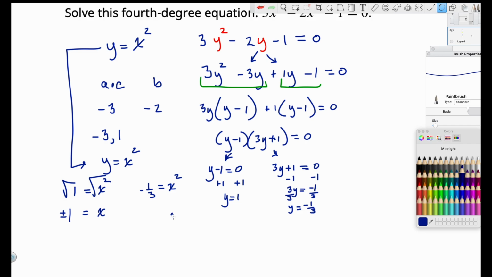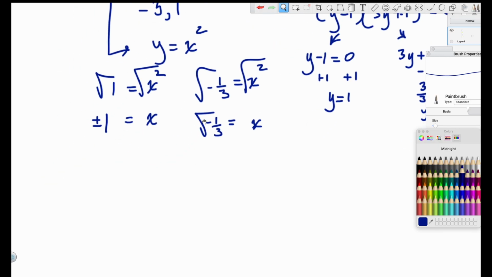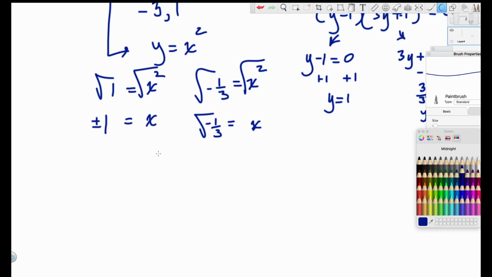And then we're going to take the square root of negative 1/3. And we're taking the square root of a negative number here, so that means we have an imaginary. So remember that the square root of negative 1 is i.